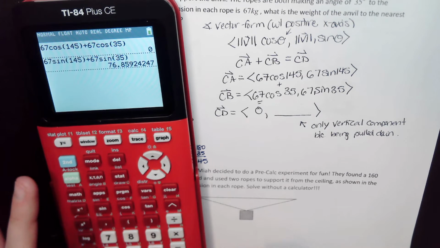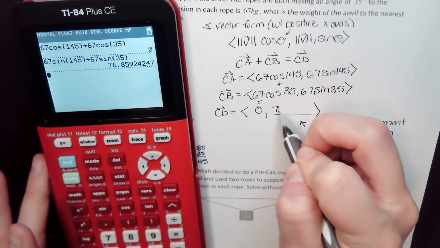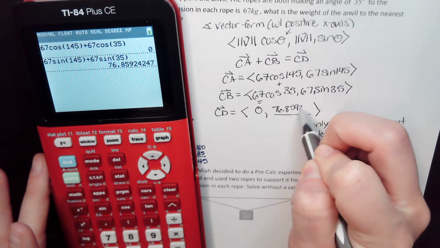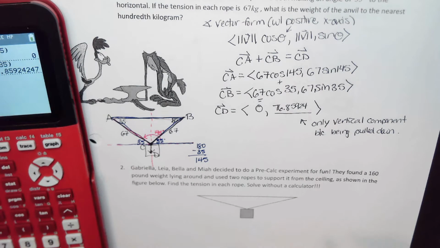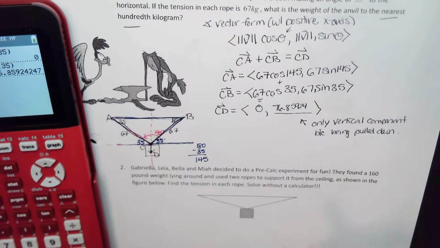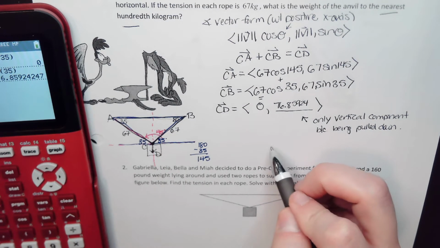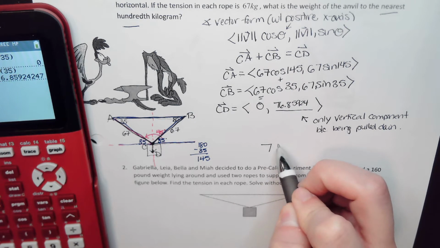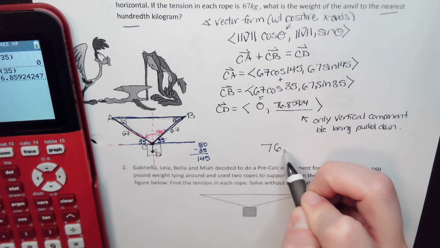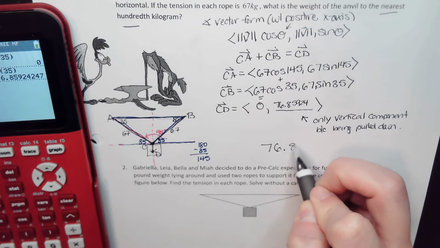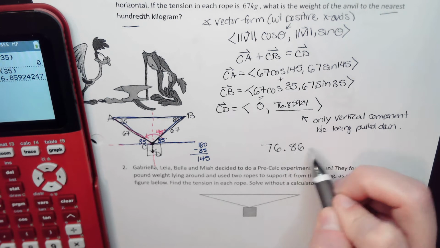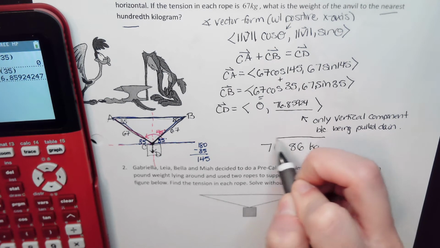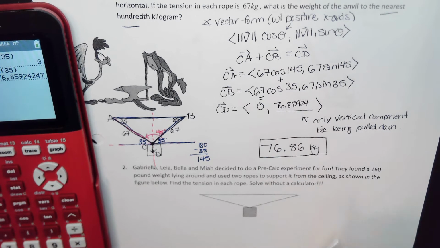And we get 76.85924247. And we want to round this to the nearest hundredth of a kilogram. So our final answer would be 76.86.